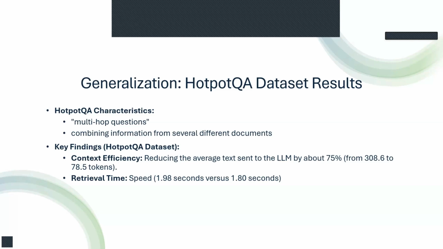And retrieval time, even though it had this drastic of a reduce in tokens, it had a speed of 1.98 seconds versus the standard RAG that was 180.